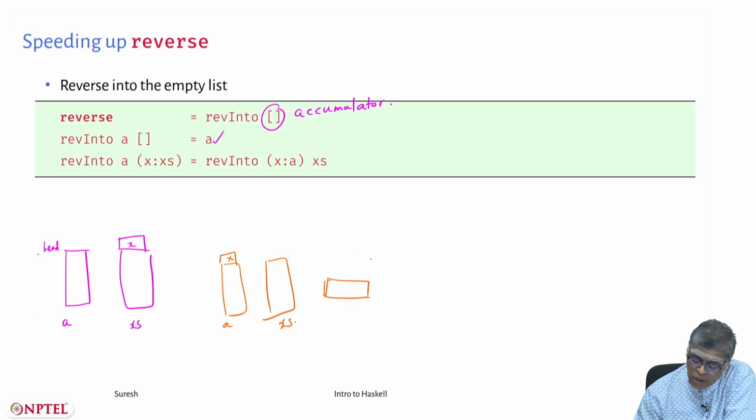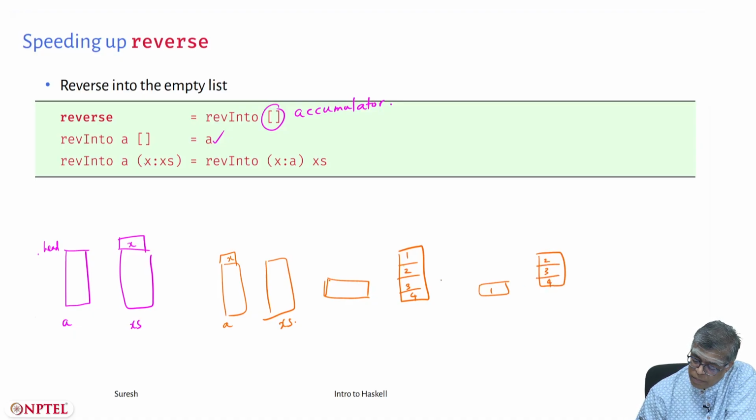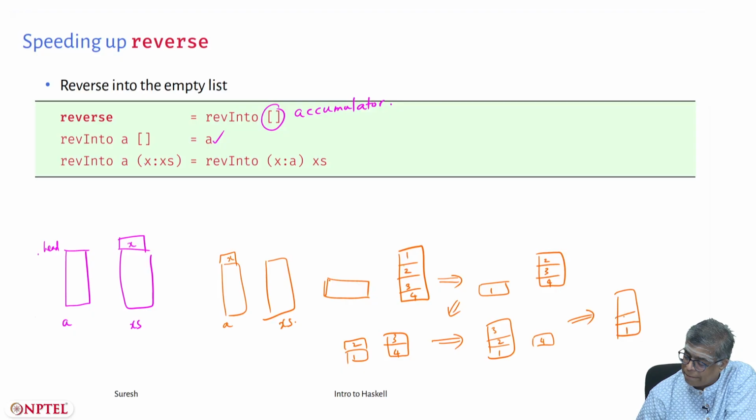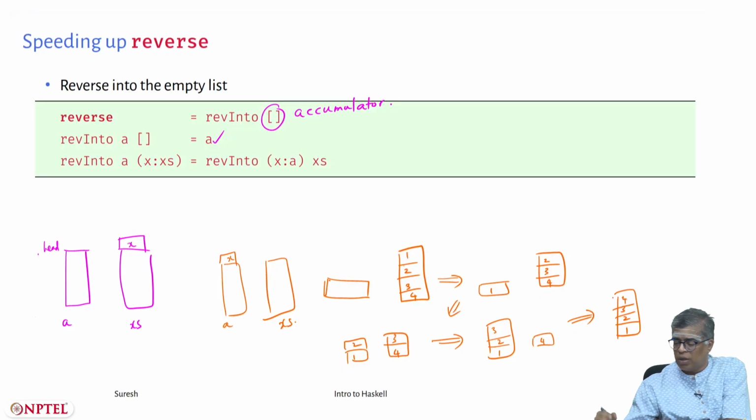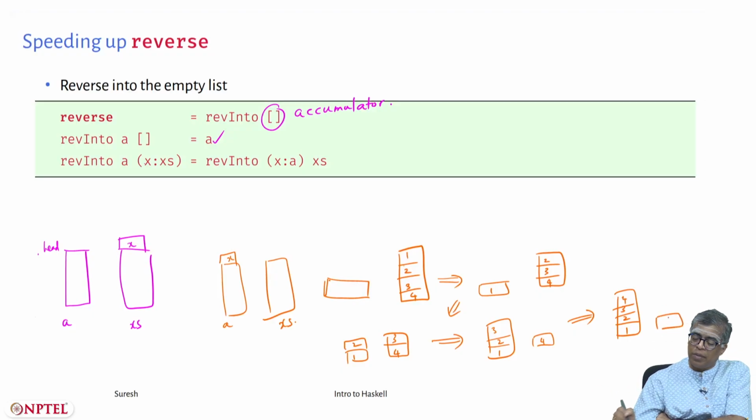So, let us say you start with 1, 2, 3, 4, and if you repeatedly do this, you will first put 1 here, this will lead you to 1 and 2 on top and 3, 4, which should lead you to the next step, because all you are doing is taking one element from the head of one list and putting it at the head of another list, and this has become the empty list now.